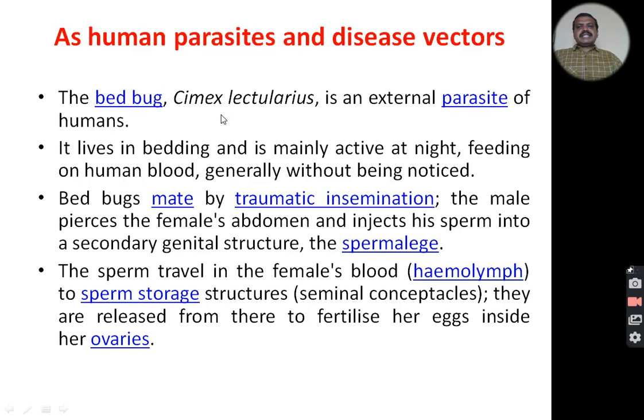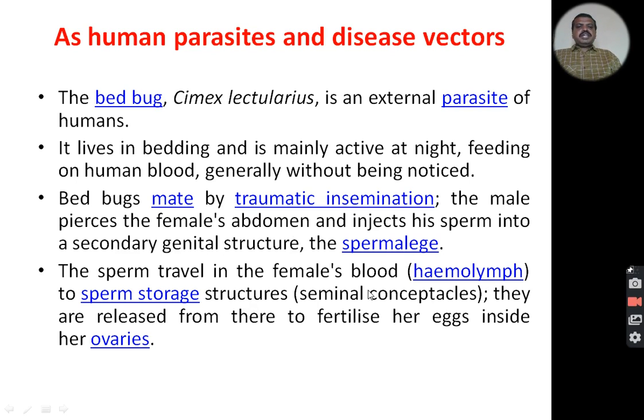The bedbug, Cimex lectularius, is an external parasite of human beings. It lives in the bedding and is mainly active at night, feeding on human blood generally without being noticed. Bedbugs mate by traumatic insemination: the male pierces the female abdomen and injects the spermatozoa into the secondary genital structure, the spermalege.